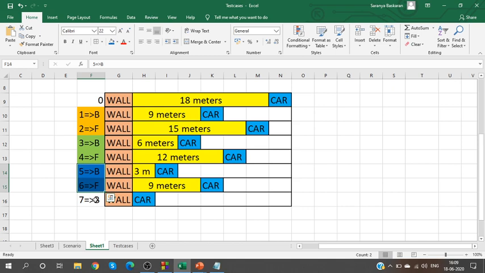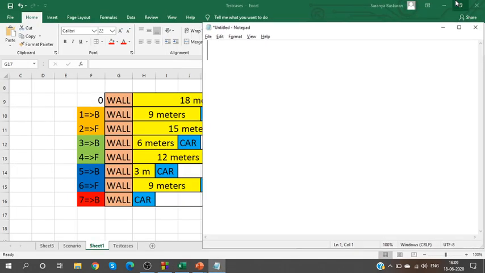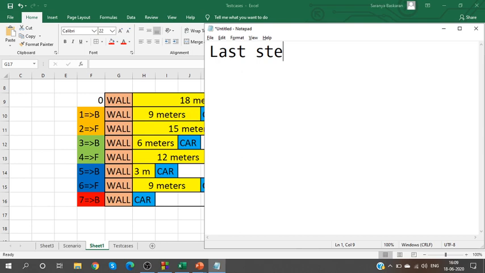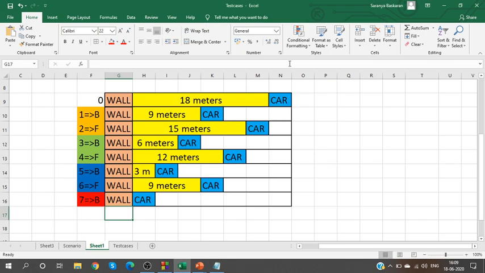And the last one is always going to be a backward movement only. Remember this, the last step is always backward movement only. Why? Because in the last step, I need to hit the wall. The car should hit the wall in the last step.